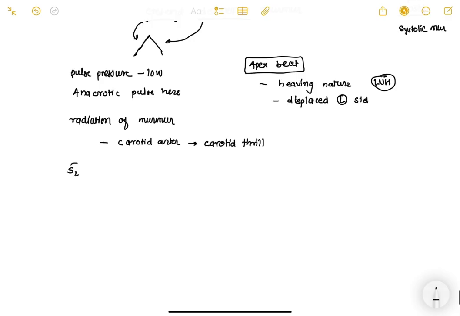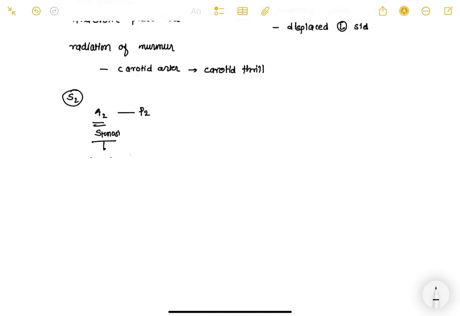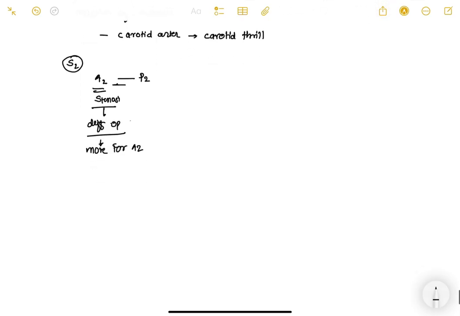As I said, A2 happens early, then P2, but since there is a stenosis, difficulty in opening, there is more time for A2, thus this distance will decrease, so it occurs as a single S2.